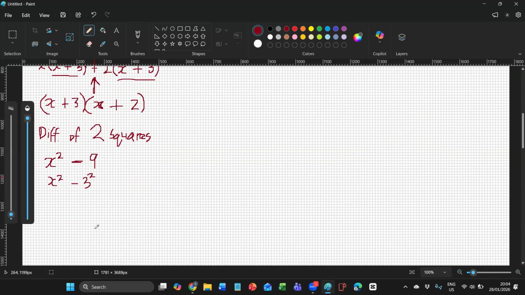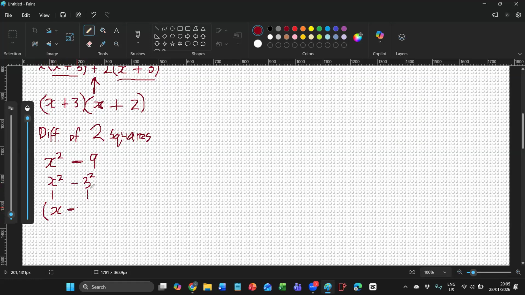Okay, so next, this simple method of factorizing says you should take one of each of them and put inside the first bracket. Then take one of the second one, of course, put the minus there.